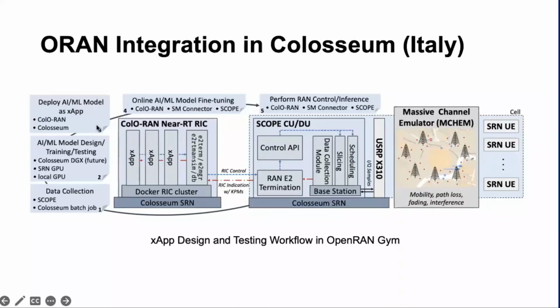Okay, so the xApp is actually another platform used for OpenRAN Gym. And then from that, we fine-tune our model until such time that we achieve the most suitable one that can give us the optimum performance in terms of managing our cellular network. And then finally, the last step is to perform RAN control and inference.